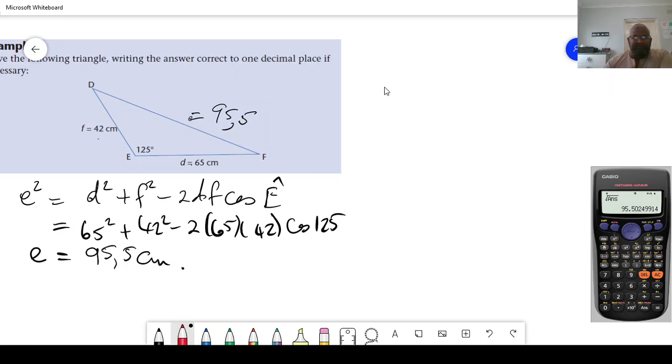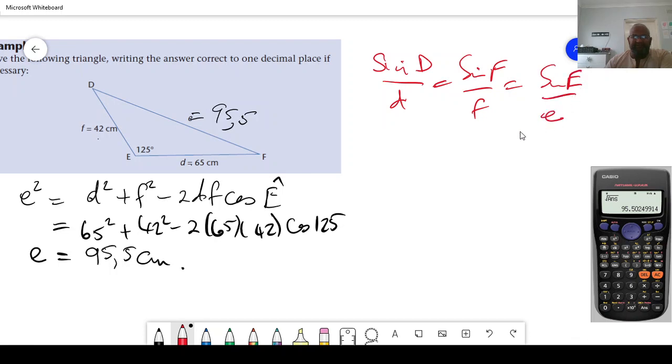So now we're going to say that sine of angle D over D is equal to sine of F over F is equal to sine E over E. So sine of angle D over 65 is equal to sine of E, which is 125, over 95.5.